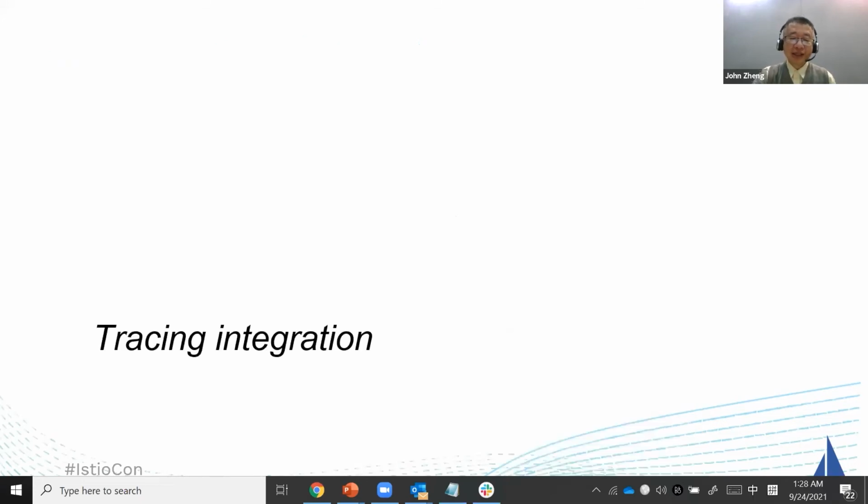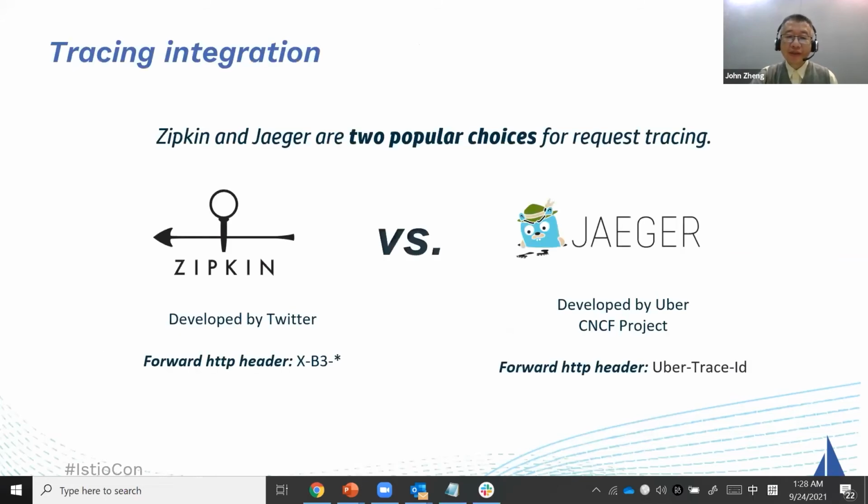Okay, so let's go to another topic for the Istio observability, the tracing integration. I think most of you are familiar with tracing. I would like to introduce a bit the 2 popular choices for tracing.